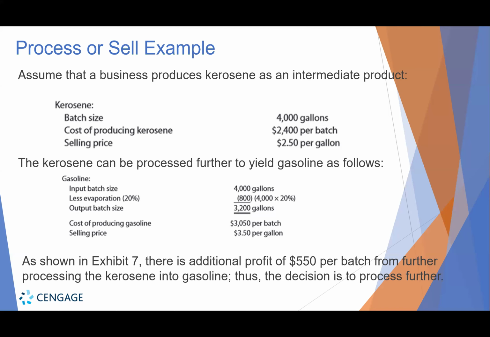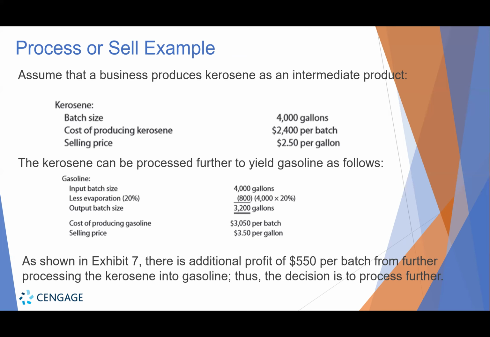And guys, I'm so ignorant with this process, so I'm not familiar with how all this plays out. But it looks as though that evaporation happens in the gasoline process at 20%. So then we only end up with 3,200 gallons of gasoline.